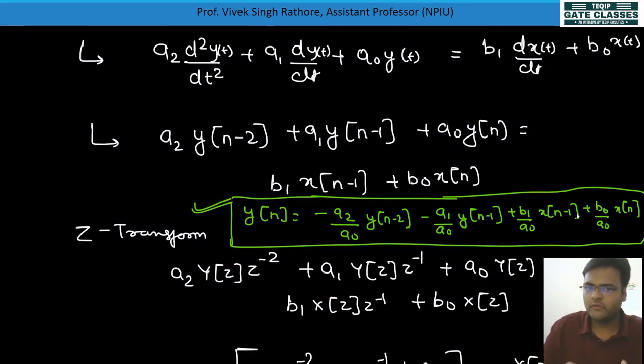It is not dependent on future input, it is dependent upon either present input, past output, or past input. So y of n is dependent on these three terms. Now we will try to realize this one.